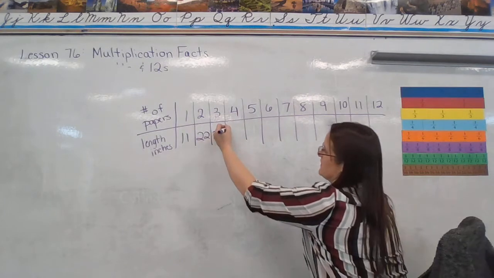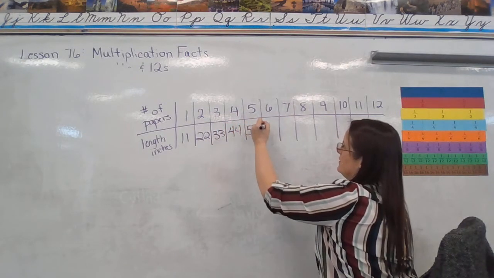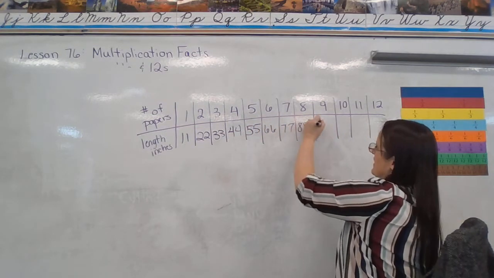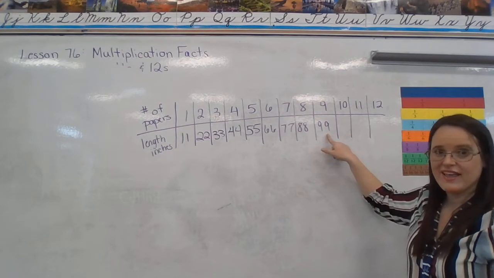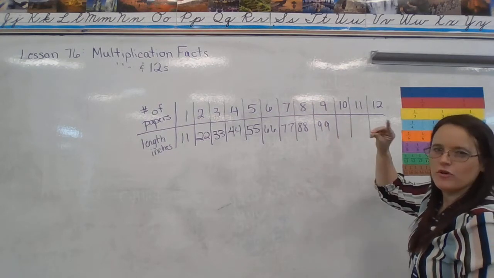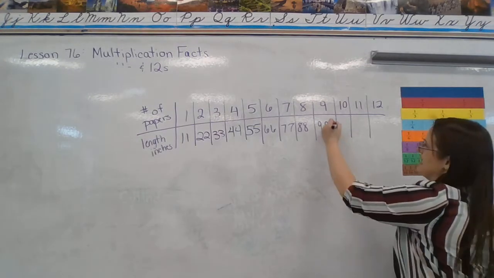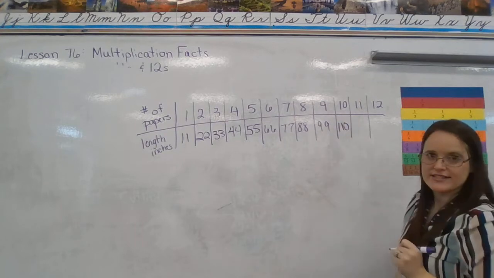So we would finish filling it in, following the trick that we know for the 11s, which is really easy till we get to there, and then we're going, oh yeah, there's a 10s trick. So it's 11 times 10. I need to write 11 and tack on a 0 at the end.